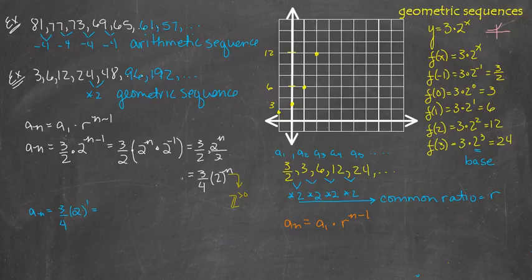But that's just 3 times 2 over 4, where the 2s will cancel, which is 3 halves. So plugging in 1 gave me the first term that's back here. I didn't get a point up here somewhere that could be a coordinate. I had to use 1 to get me back to that first term.